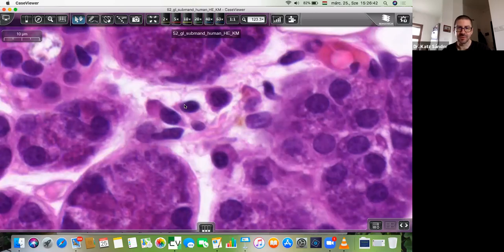I can't say for this one, because the cytoplasm is too small, and I think it's maybe a plasma cell, but it's not in the exact real section. This is also a plasma cell. So these and these and these are plasma cells because of the strongly stained cytoplasm and the nucleus.